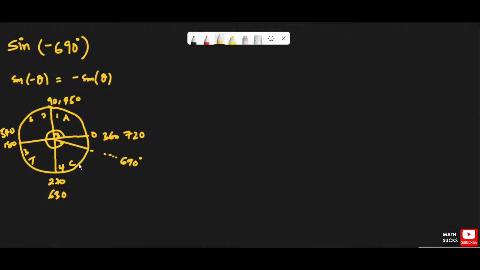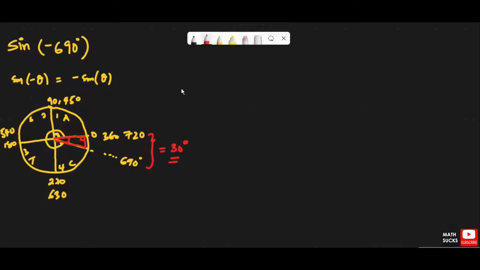Our question is what is this remaining angle, this one here, and that is the angle of interest, because we draw our right-angled triangle based on the x-axis. The idea is to take the difference between these two, and that gives you 30 degrees.